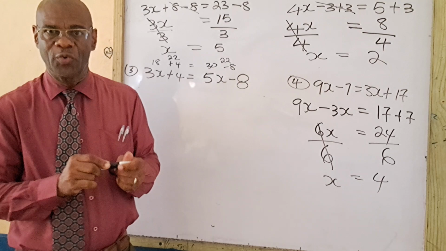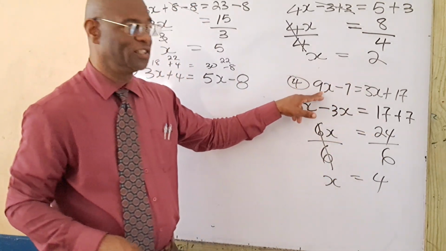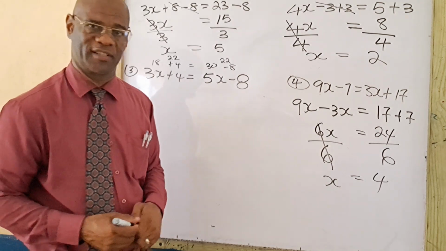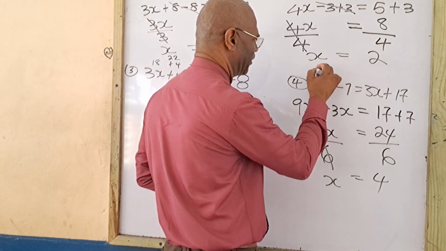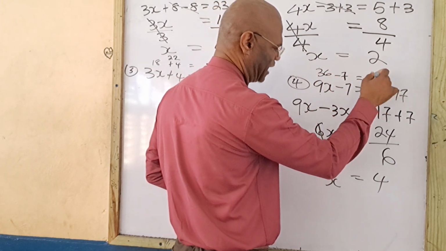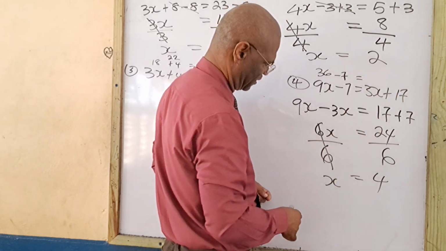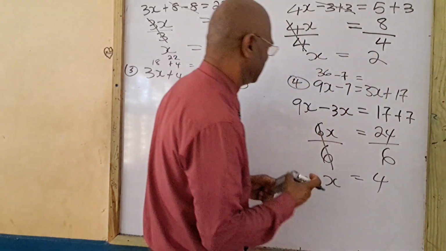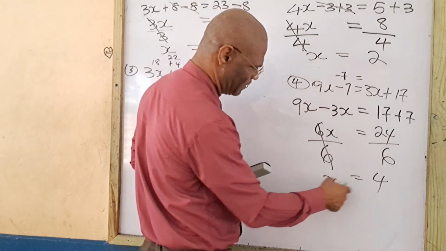Now, we can substitute the value of x into the equation to see if we are correct. So we have 9 times 4 is 36, minus 7, equals 3 times 4, sorry. What did I say? Oh, I said it wrong. So it's 9 times 4.